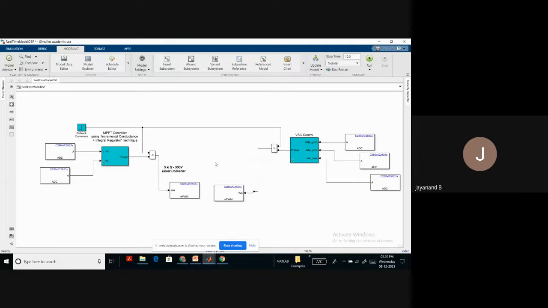And we need to connect one block for controlling the pulses of the boost converter, and the other PWM connections for the inverter, right? I will stop sharing this.